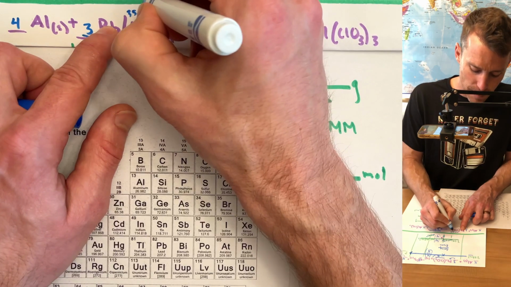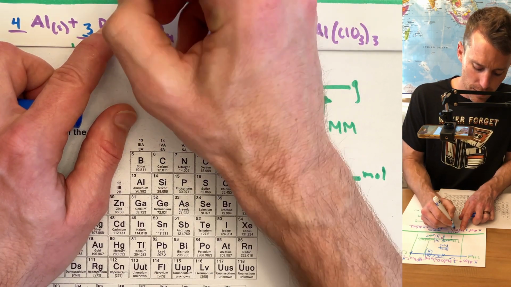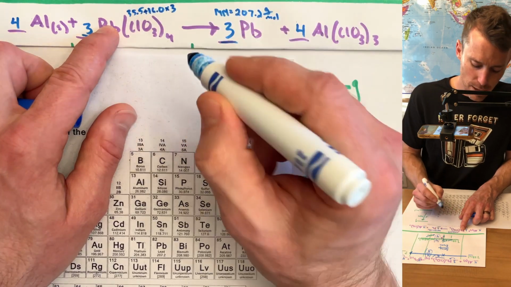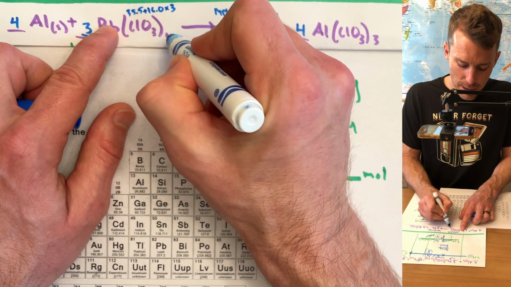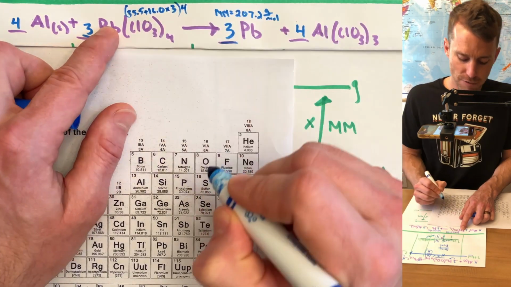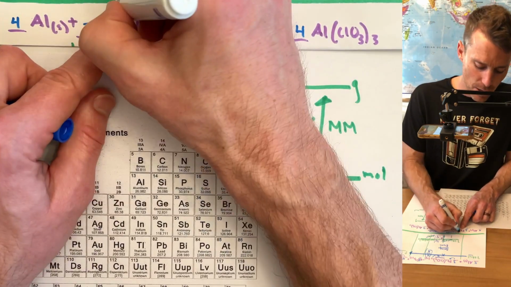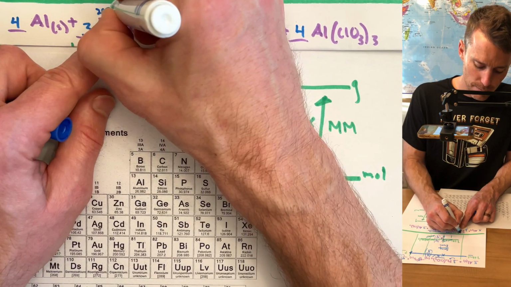Right there. And we do have 3 of those, so that's going to be times 3. So we have 35.5 plus 16 times 3, but then we have 4 of those, so we multiply all of that by 4. And then we need to add our lead, which was 207.2.